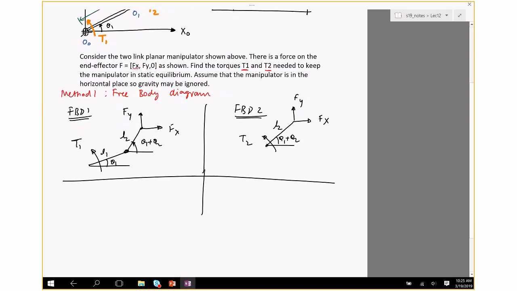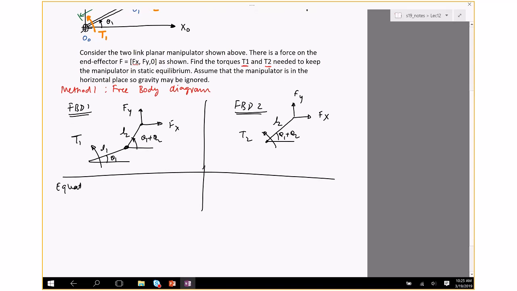Writing the equations, basically you take what is known as moments about point O, the origin.